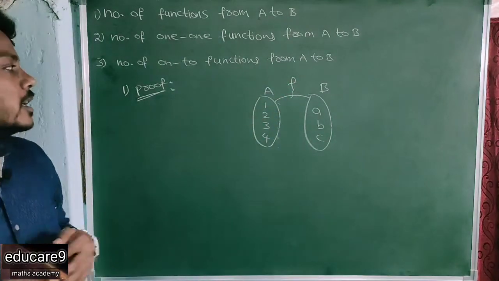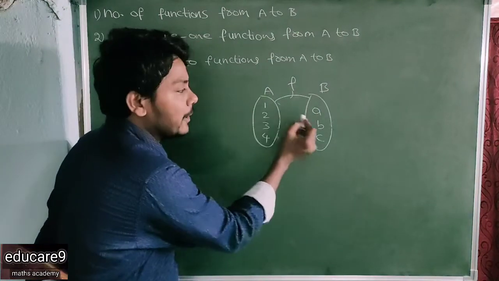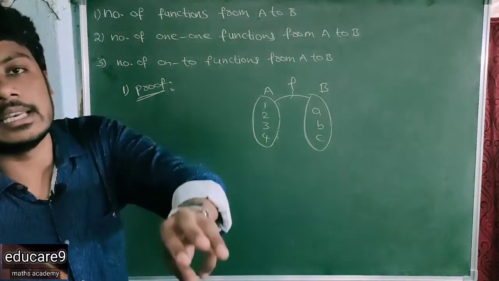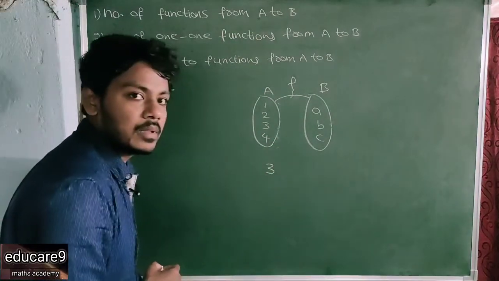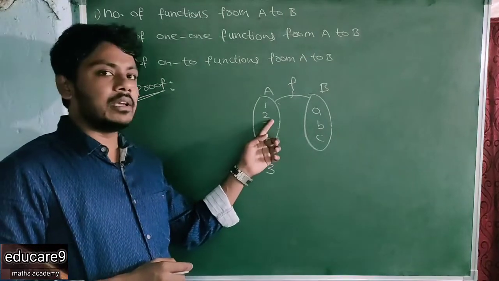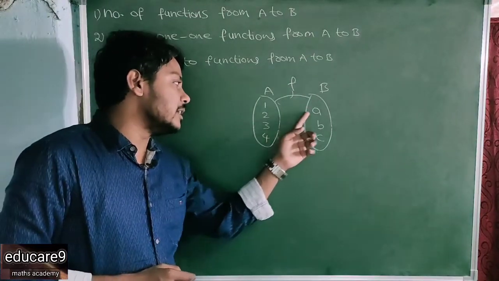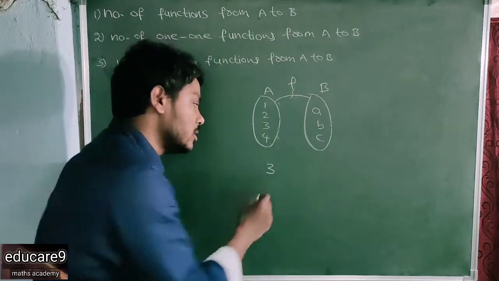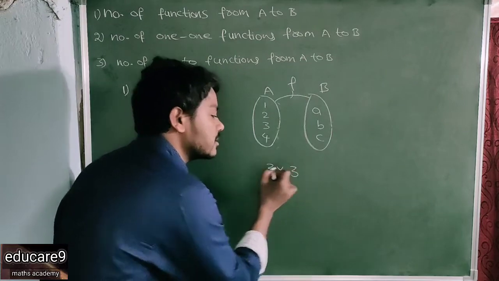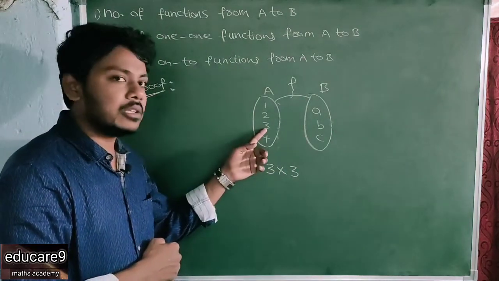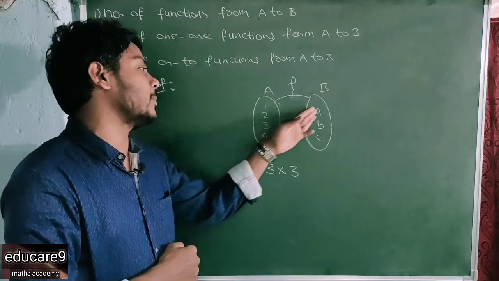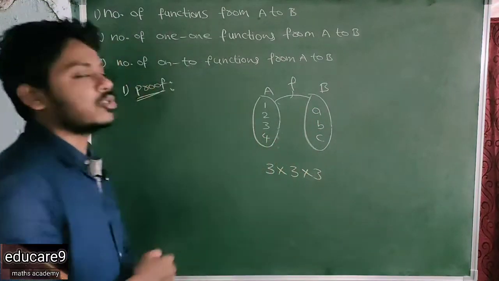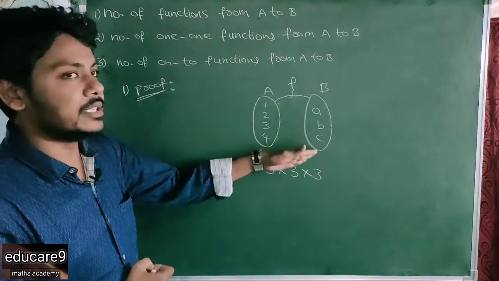See here, 1 is mapped to either A or B or C. So clearly 1 has 3 chances. Next, 2 also has 3 chances, that is 2 is mapped to A or B or C. And next 3 also has 3 chances. 3 is mapped to A, B or C. Similarly 4 also has 3 chances.